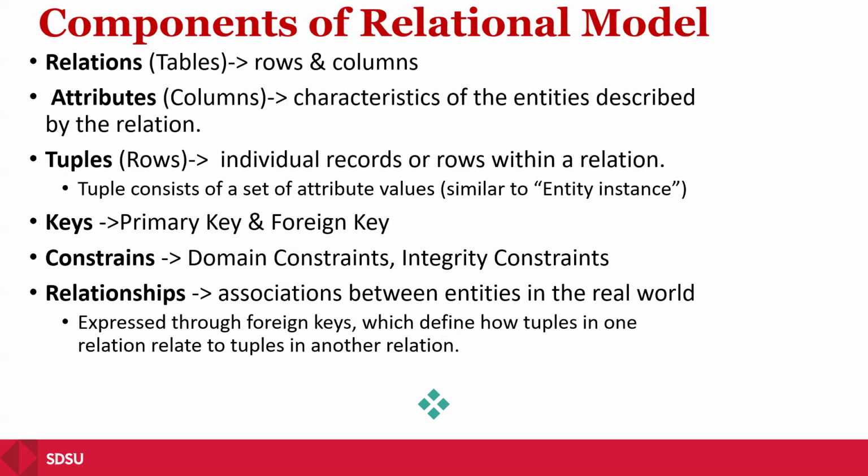Well, before we can talk about relations, let's talk about the components of the relational data model. First of all, it's relations or tables. As we know, a table is a two-dimensional data structure that has rows and columns. Not all tables are relations, and we're going to discuss in more detail what a relation is and how it is different from a table. In addition to relations, we have attributes or columns.